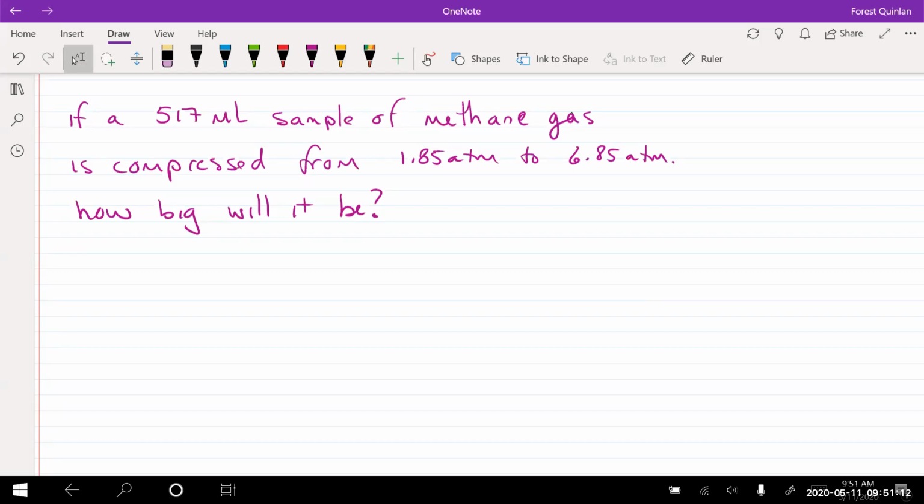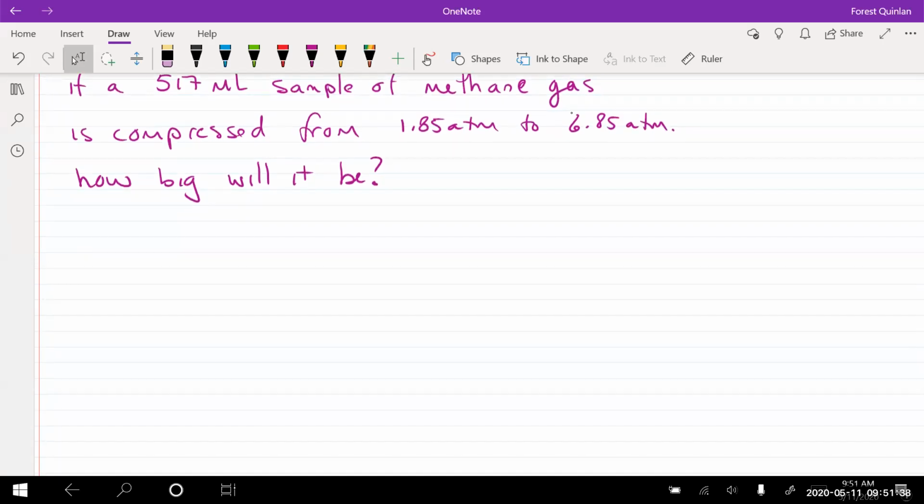Are the conditions changing? Yeah, conditions are changing.